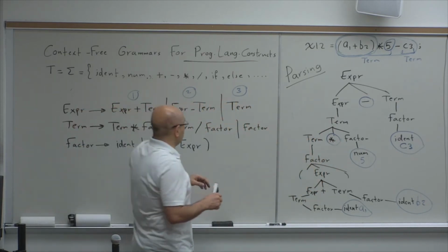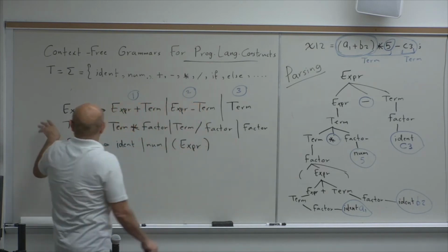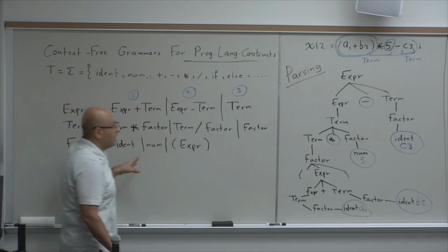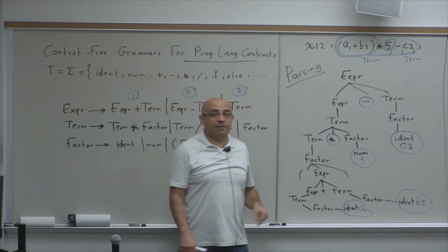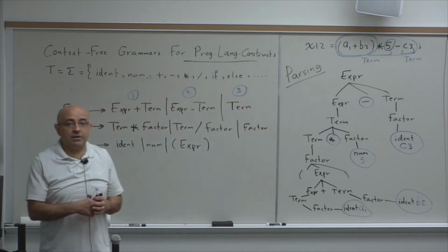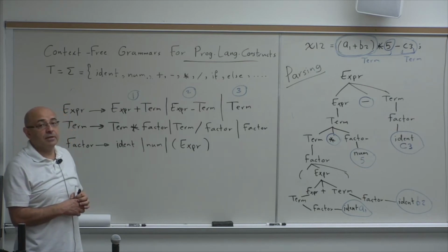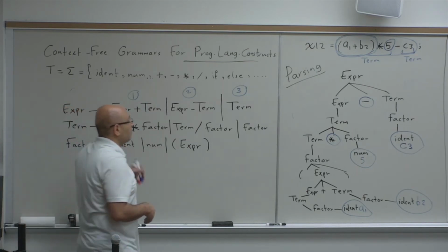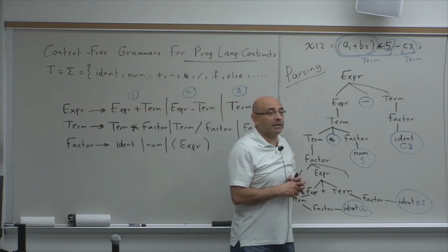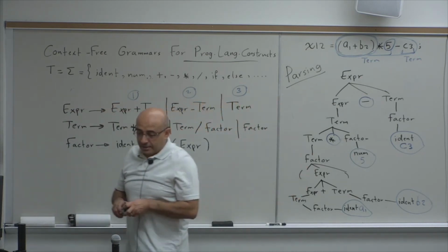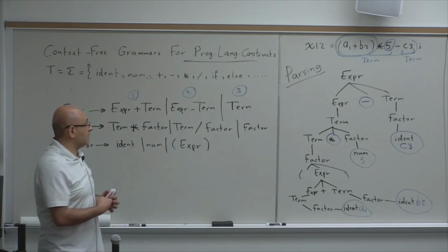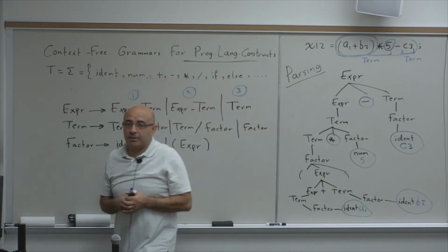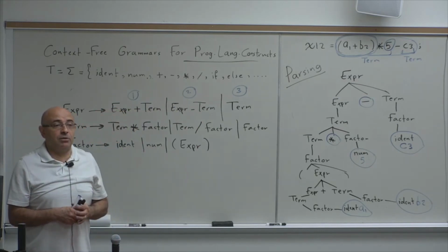Can we find a valid derivation for this sequence of tokens or not? If there is a valid derivation, find it. If there is no valid derivation, report an error. In this course, we will learn only one parsing technique, because this is not a compiler course, but we'll learn one parsing technique as an example. And this is what we will start working on next time.